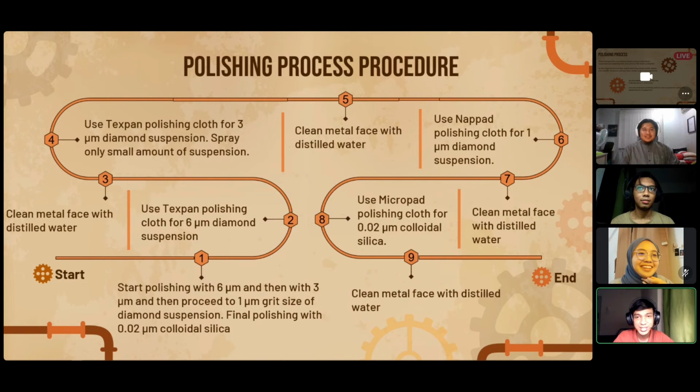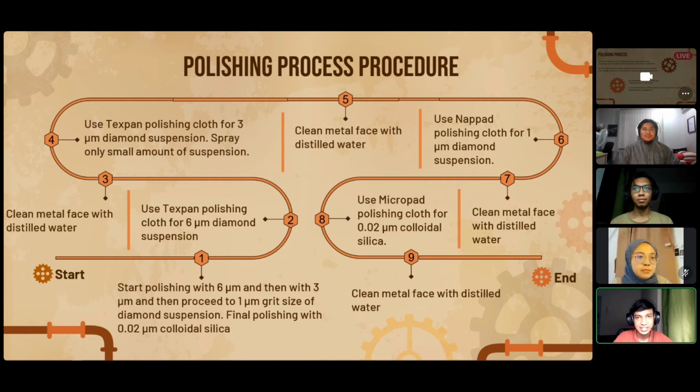Okay, polishing process procedure. First, start polishing with 6 micron and then with 3 micron and then proceed to 1 micron grit size of diamond suspension. Final polishing with 0.02 micron colloidal silica.